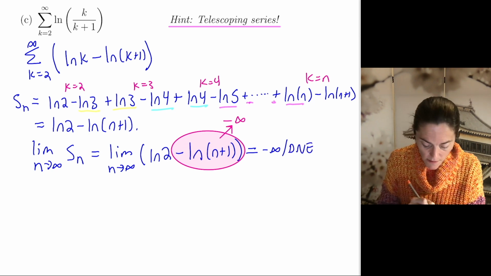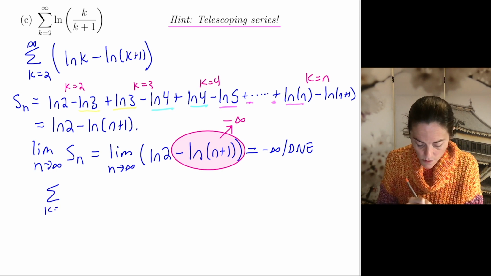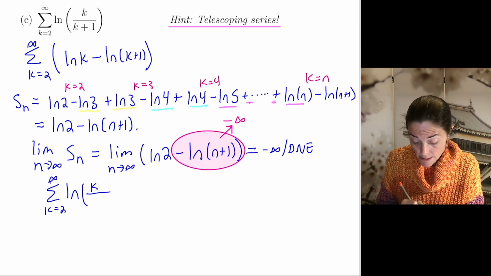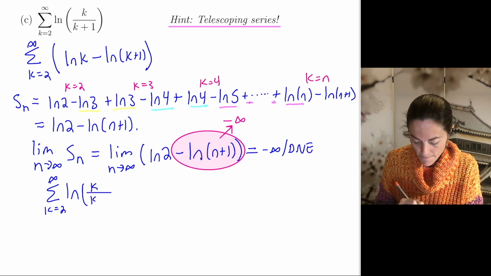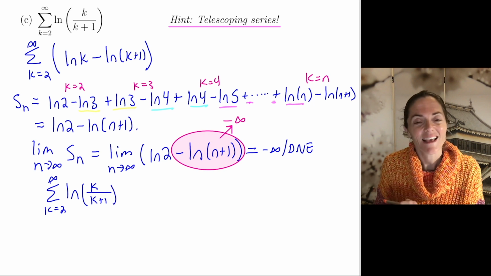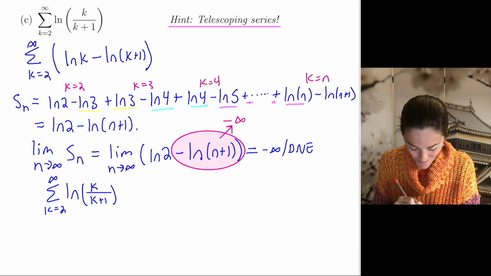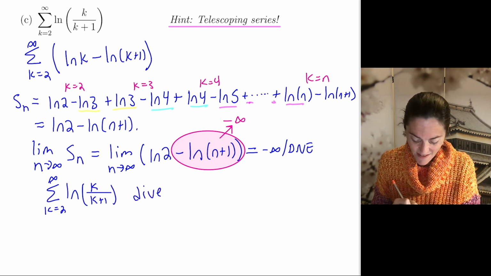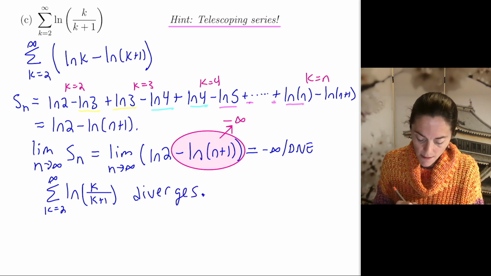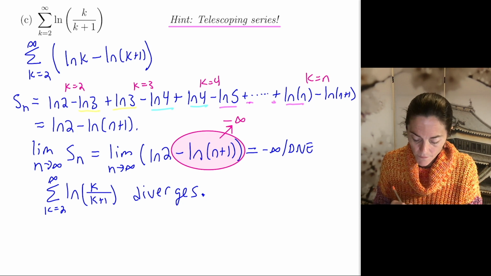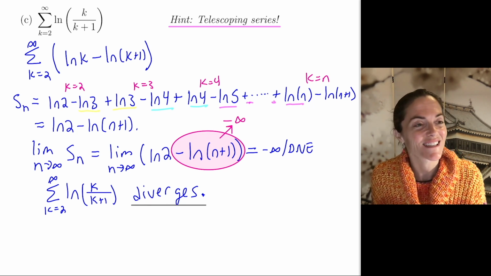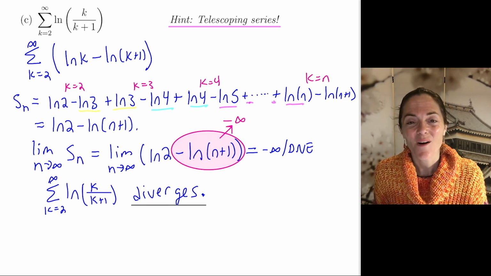And this means that the series k equals 2 to infinity of ln of k over k plus 1 diverges. Okay, this was really using the definition, but this diverges. We took a limit of the partial sums, and the limit did not exist as a finite number. This telescoping series diverges.